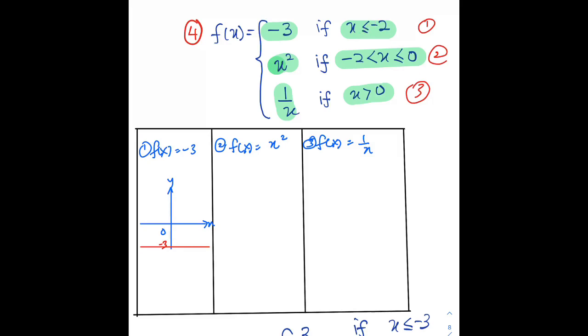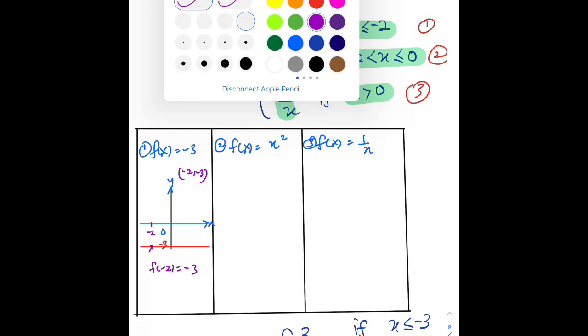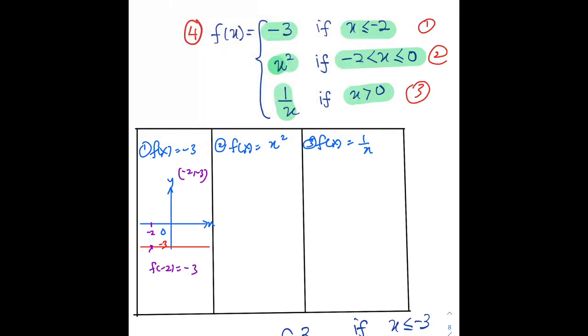So let's find the endpoint first. Now you're looking at x less than or equal to minus 2. So let's check. At minus 2, the y coordinate will be minus 3. Okay, make sure you have that point there. So we have this coordinate here, minus 2, minus 3. So we want to take less than or equal. So let me write here, we are talking about the equal sign.